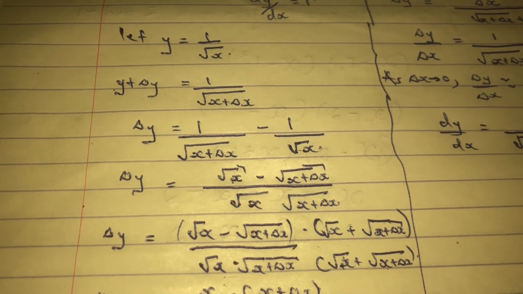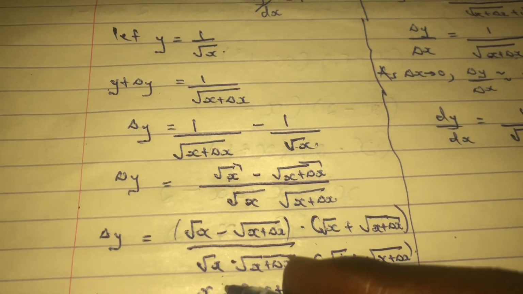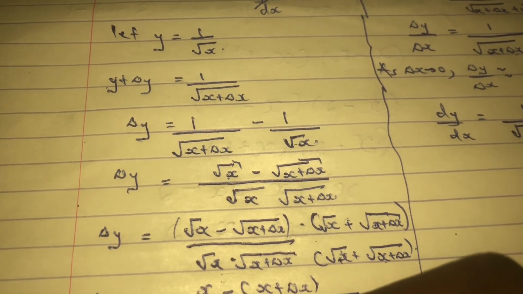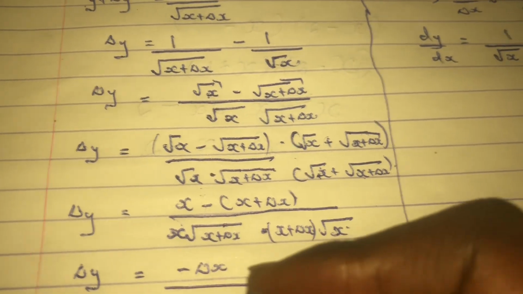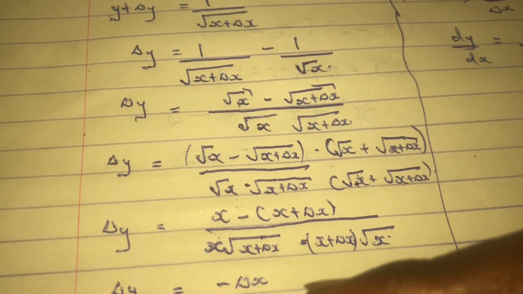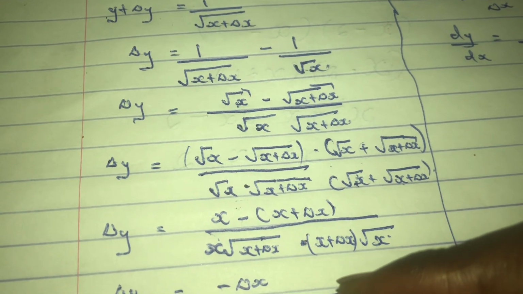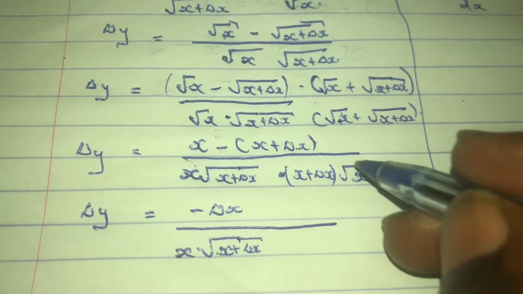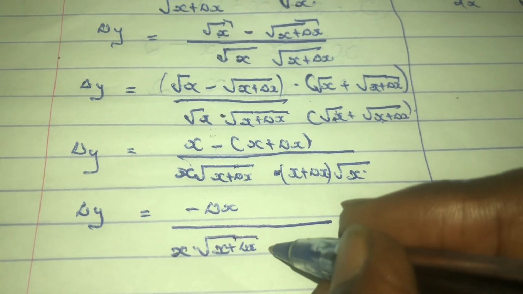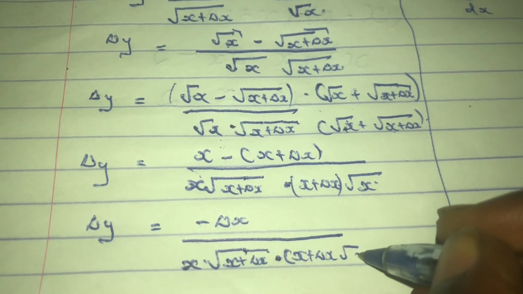Are we together? So here remain with change in y equals, when you open brackets, this goes with this, remain with negative change in x over x root of x plus change in x altogether. And here we've also remained with x plus change in x root of x.